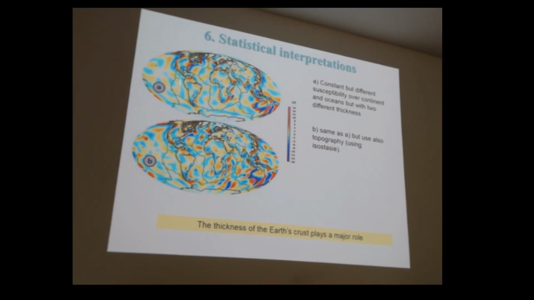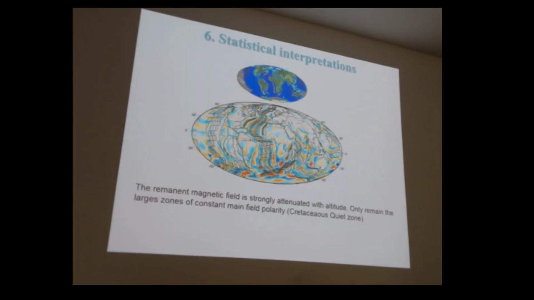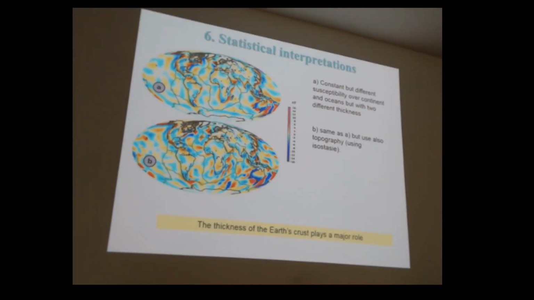And the thing here is just to put constant magnetization over continents and constant magnetization over oceans, but slightly different, to make sure that there is a contrast between oceans and continents. And then you observe that you are generating magnetic anomalies. It's not sufficient to explain the crustal field from space. Remember that it was more complex.